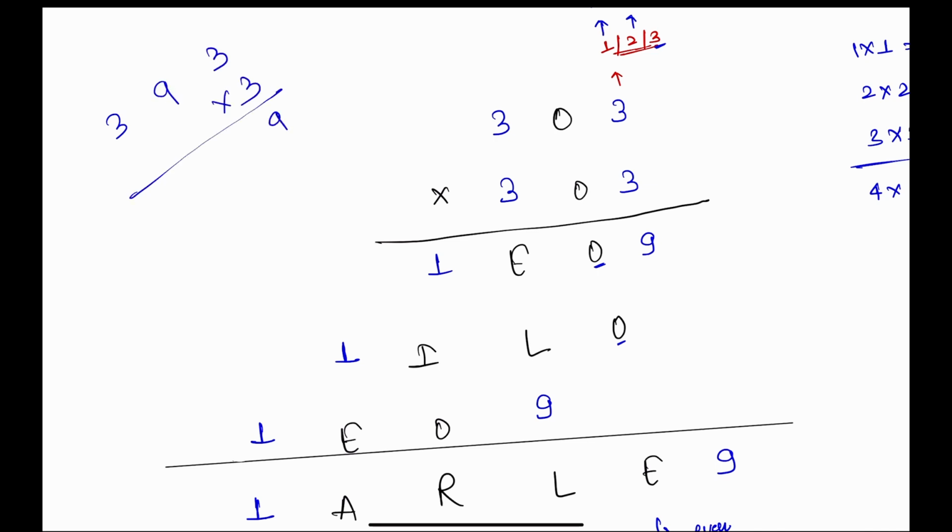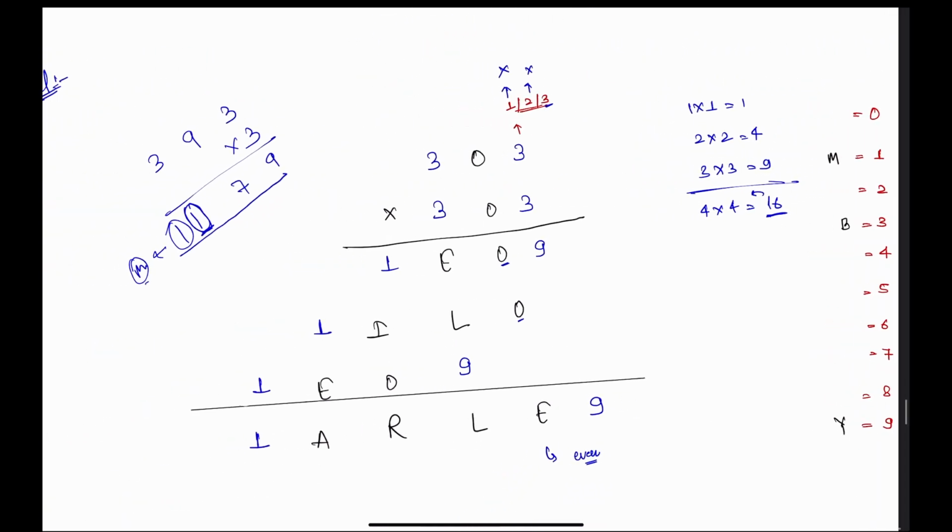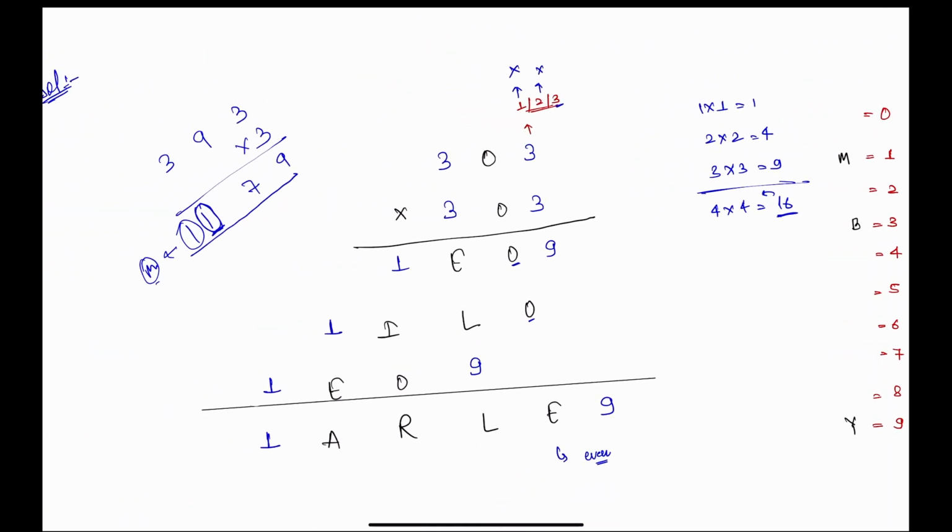So 3 3 is 9, 9 3 is 27, carry 2, 3 3 is 9, plus 2 is 11. So even when I take the maximum, what I am getting is the value 1. So the maximum value of E is restricted to 1. It cannot be more than 1, and 1 is already taken, and moreover 1 is odd.